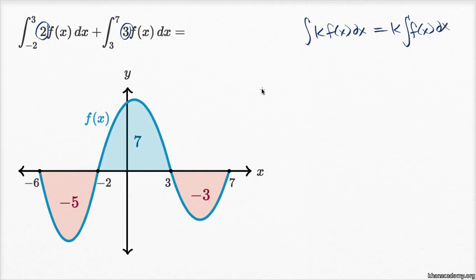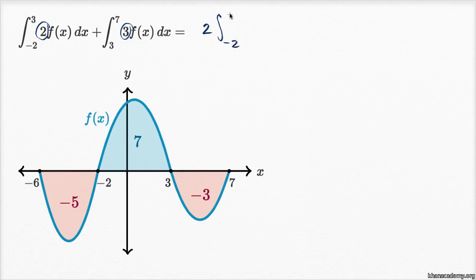So let's just apply that property there, which is really taking the scalar outside of the integral, to say this is going to be the same thing as 2 times the definite integral from -2 to 3 of f of x dx plus 3 times the integral from 3 to 7 of f of x dx.